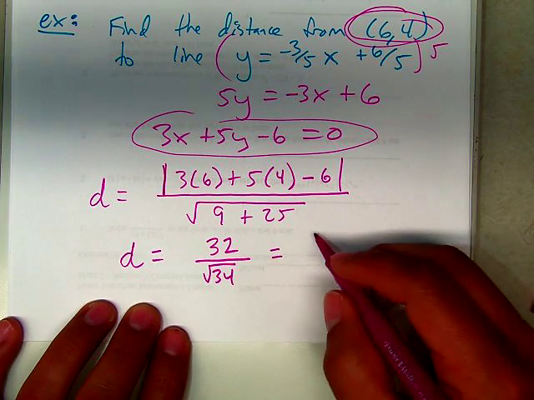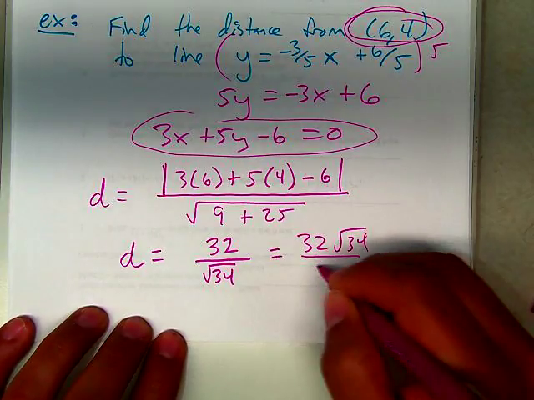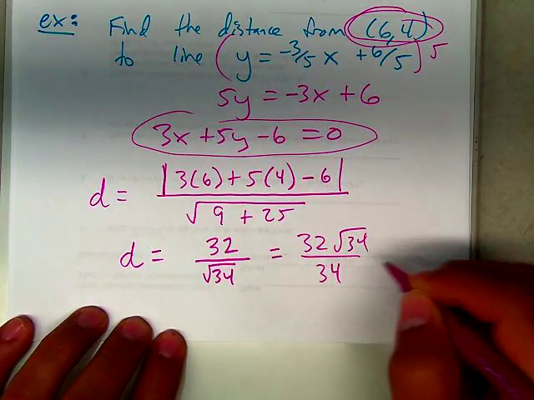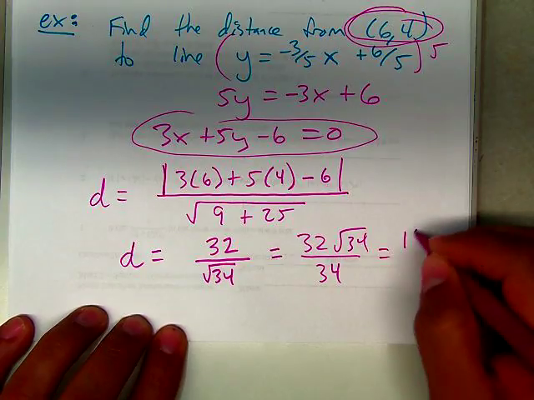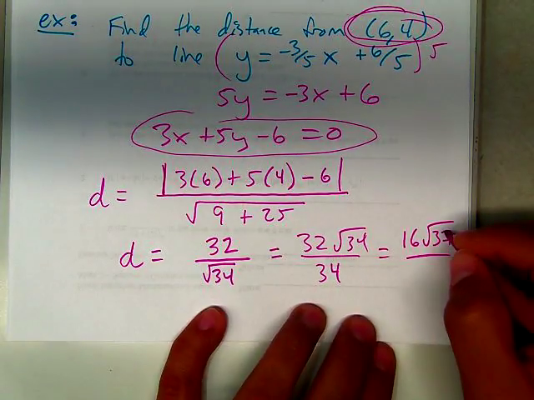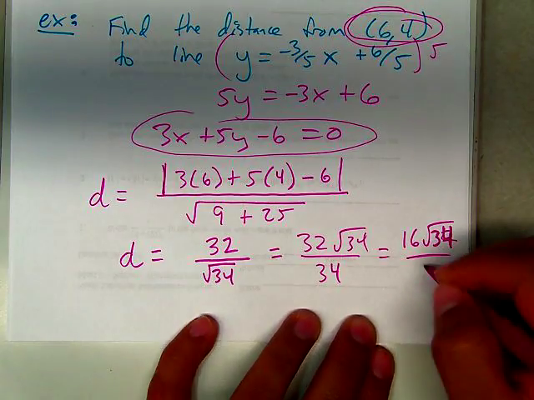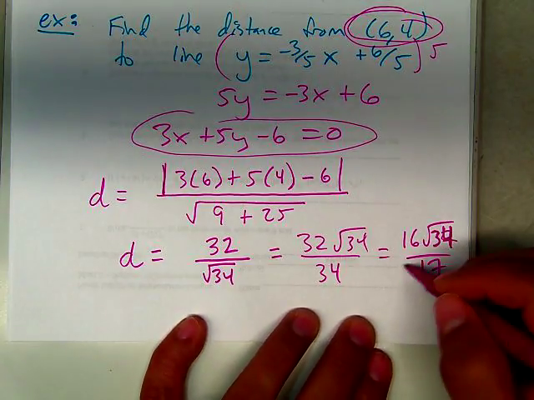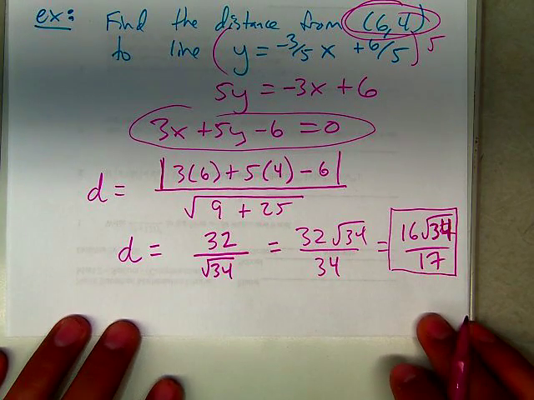So that's 32 root 34 over 34. But then we can reduce, so that's 16 over 17. Oh, shoot, I wrote a 7. So 16 root 34 over 17. My brain was ahead of my hand, so I was already on the 17, and I was still technically writing 34.